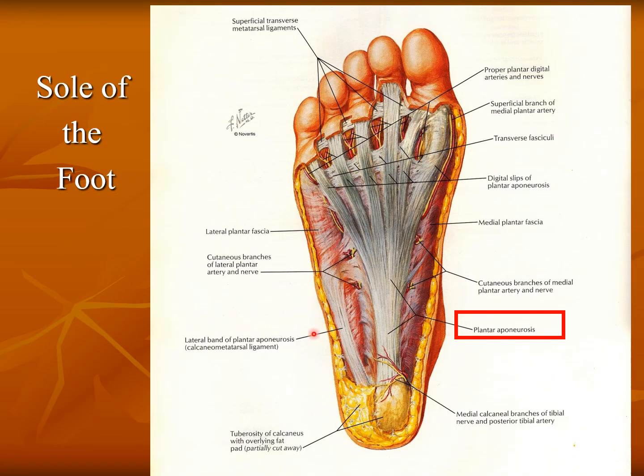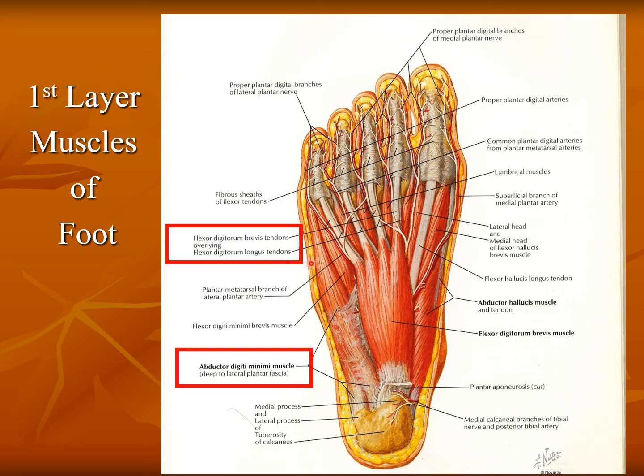We can see again mainly the lateral part of the plantar aponeurosis, then the flexor digitorum brevis and flexor digitorum longus tendons, the lateral half of these two muscles, and the abductor digiti minimi. They are acting as staples and tie beams also.